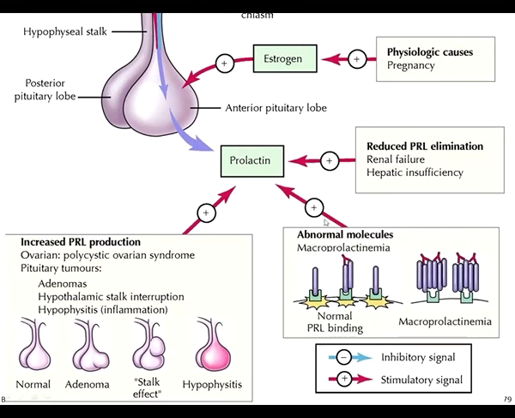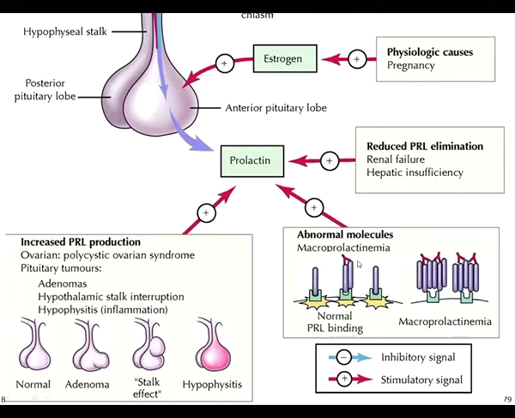Also, you have some abnormal molecules that can bind to the receptor of prolactin and initiate a cascade of reactions, which will mimic the effect of prolactin and hence potentiate its effect. In these cases, you have a condition like macroprolactinemia.